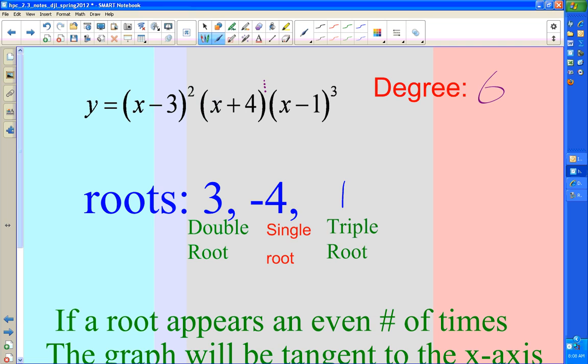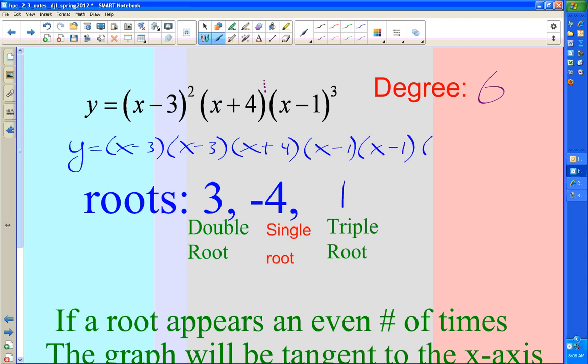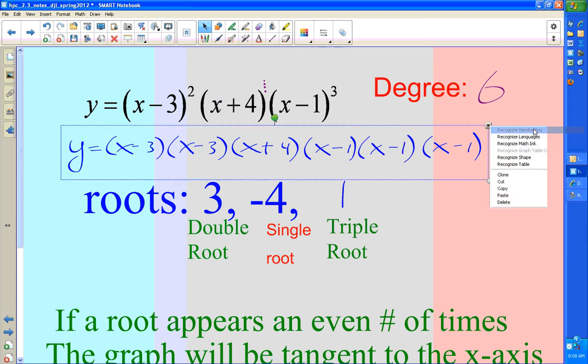If you were to expand this, you would get y equals x minus 3 times x minus 3 times x plus 4 times x minus 1 times x minus 1 times x minus 1. If you were to expand that, that's what you would get.